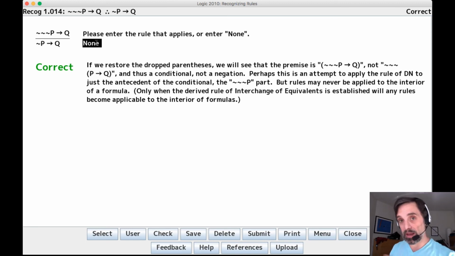In general, it's not a valid form of arguing. In general, when you apply a rule to the inside of a sentence, what you get does not follow logically. The premises could be true and the conclusion false. So you have to apply the rule to the whole sentence only and not to its parts. And so this is not applying double negation to the whole thing, and you can't apply rules to the parts, and so it's not an application of any rule. As we say, none correct.